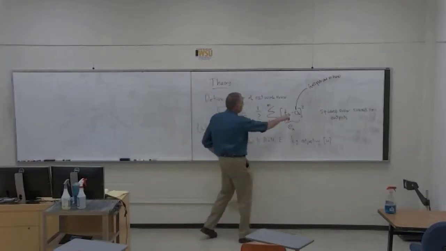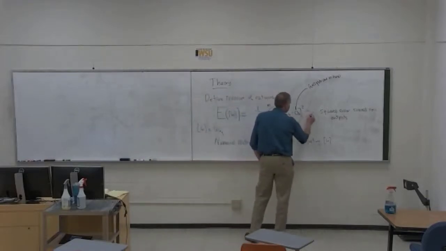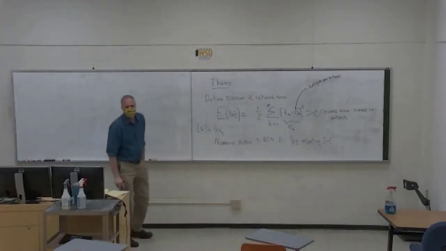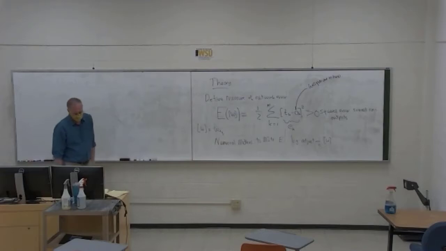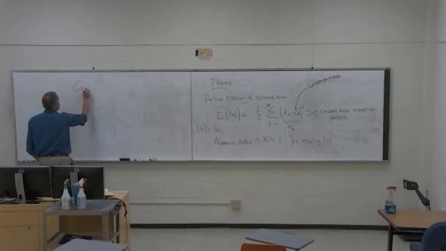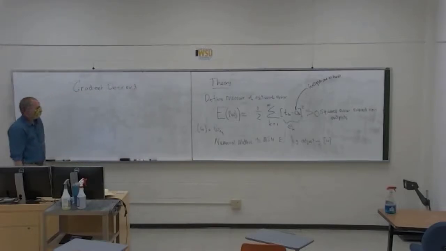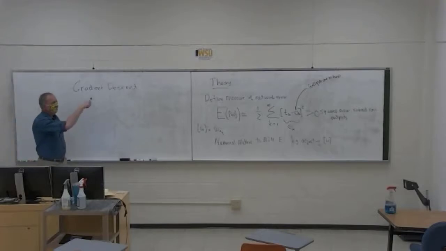And that's why we square this, because this is always going to be positive. And we go down a hill until we get zero or as close as possible to it. So gradient descent is a numerical method to go downhill to find the minimum of that.